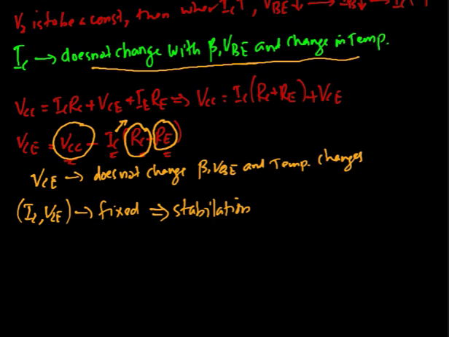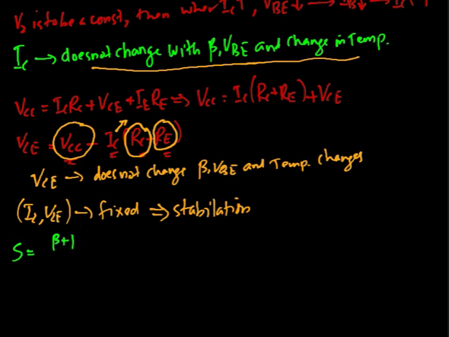But we have qualitatively mentioned that the stabilization has been obtained by the introduction of the emitter resistance RE, but we have to ensure that a quantitative measure of the stabilization is achieved through measuring or calculating the stability factor of the circuit. So now let's try to obtain the expression for the stability factor for this circuit.